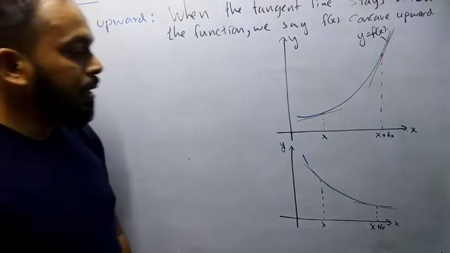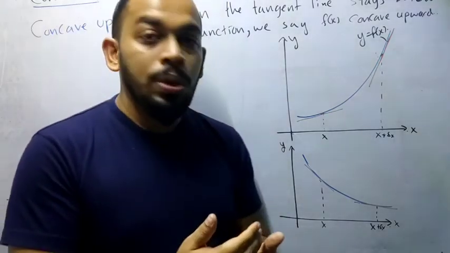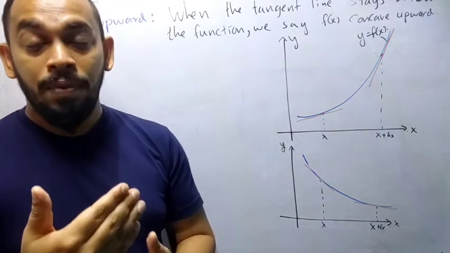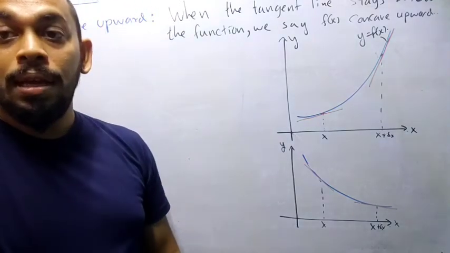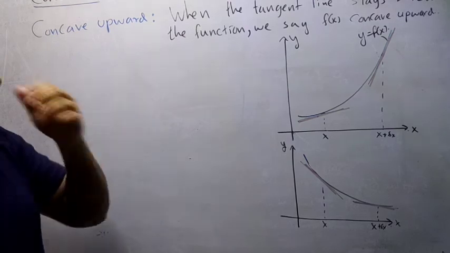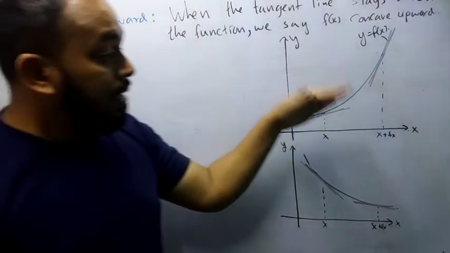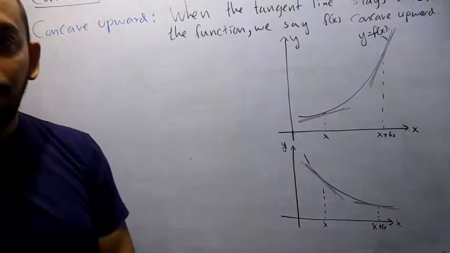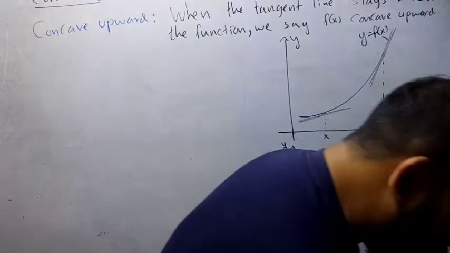Now, how do we distinguish? How do you know whether the tangent line stays below the function or above the function? How do you determine whether the tangent line stays below the function? This is what I'm going to do.